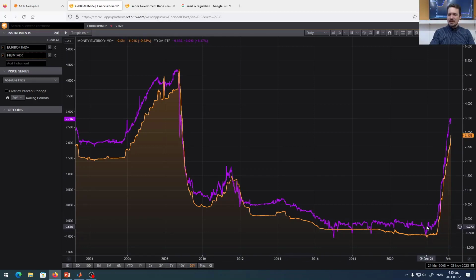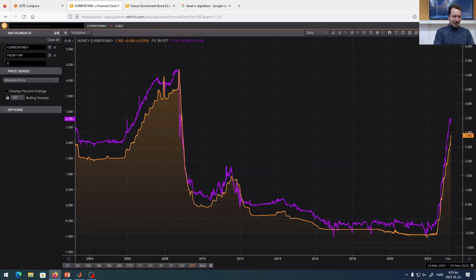Sometimes it's going back and forth with nearly 0.5%. And it was also negative between 2016 and last year's summer, so in this case we are not able to use this as a benchmark.